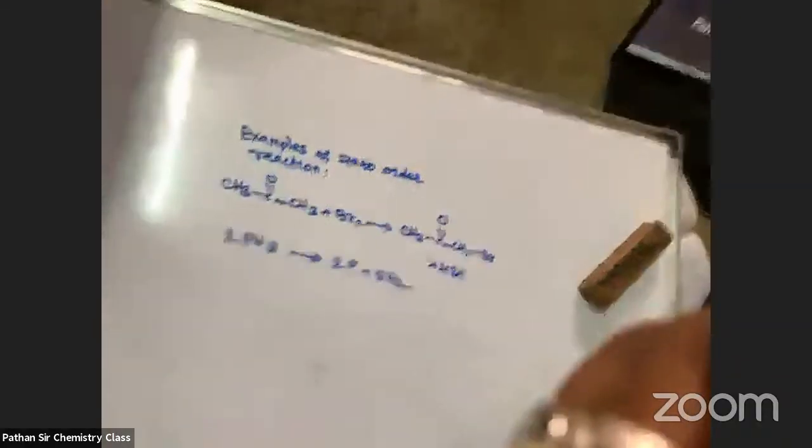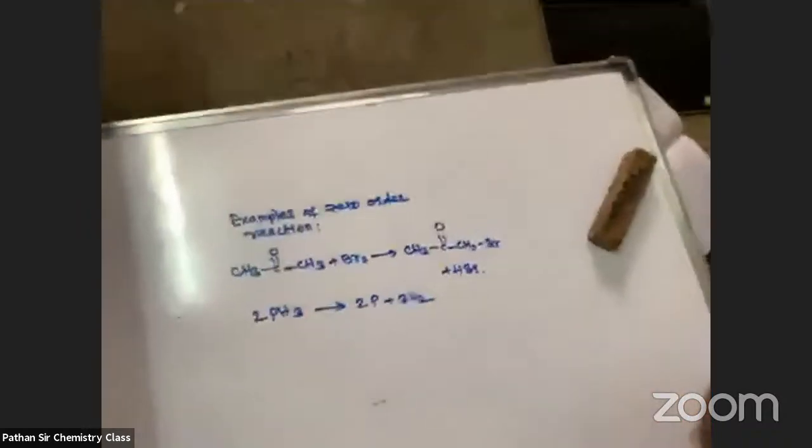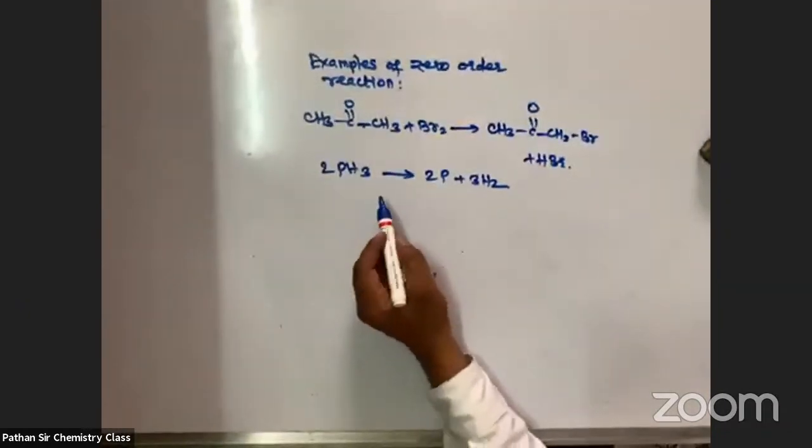So the decomposition of phosphine is one example of zero order.